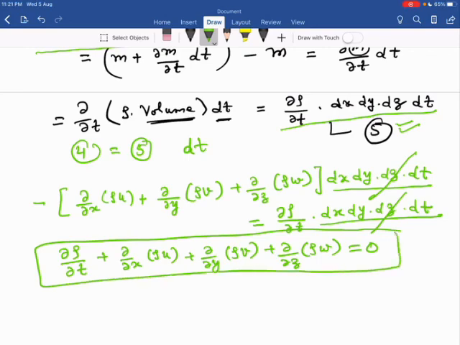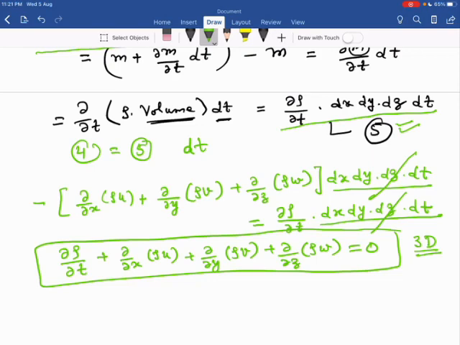Okay. Now this is the differential form, the required differential form of continuity equation. Or you can say this is the Cartesian form of continuity equation. And we can use this equation for three-dimensional flow because it involves x, y, and z variables.